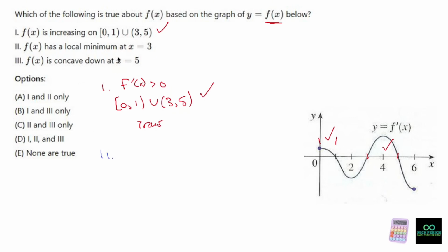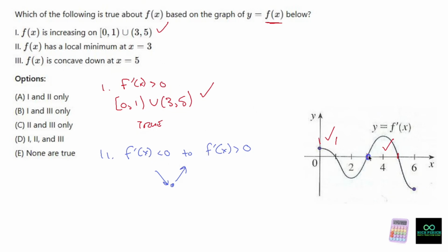Now, a local minimum occurs when you go from a negative slope to a positive slope. Why? Because if it's a local minimum, that means you're going down, and all of a sudden it hits 0, and then you're going up, so you have a minimum. So am I going from negative to positive at 3?